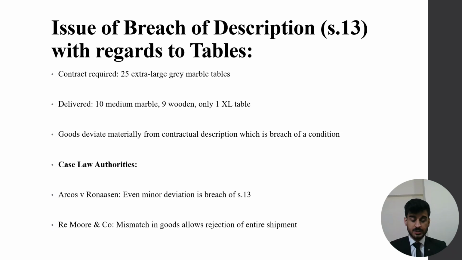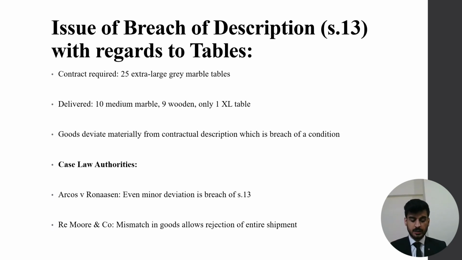Suleiman requested 25 extra large grey marble tables but received a variety of medium-sized tables made of marble and wood, with only one matching the contractual specification. This is a violation of Section 13, which states that goods sold by description must exactly match the description. Arcos Limited versus Ronaasen established that Section 13 is to be read strictly and that even little variations warranted rejection.